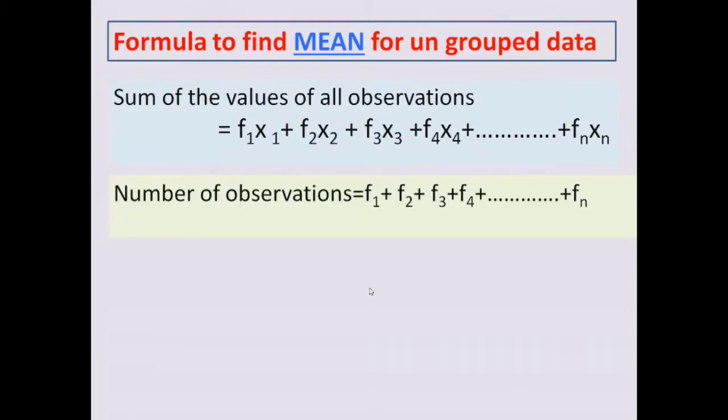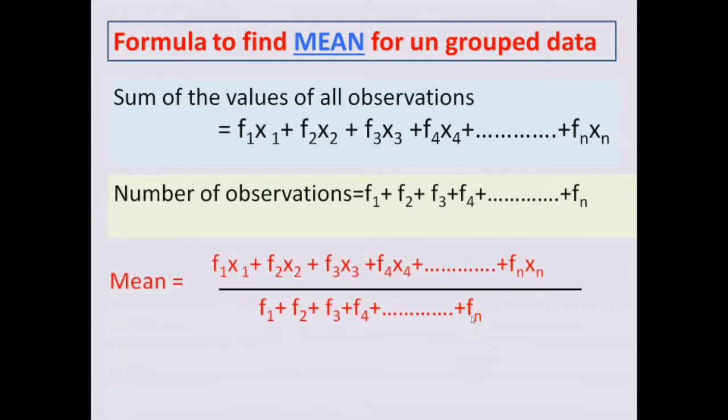Next, we have to find the number of observations also. The number of observations is equal to f1 plus f2 plus f3 plus f4 and so on up to fn. By using these two, we have to find the mean. Mean is equal to the sum of the values of all observations divided by the number of observations.